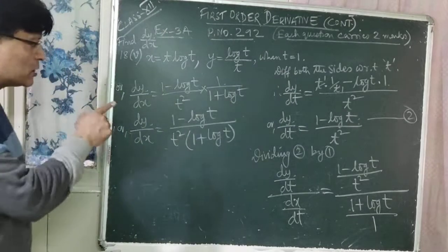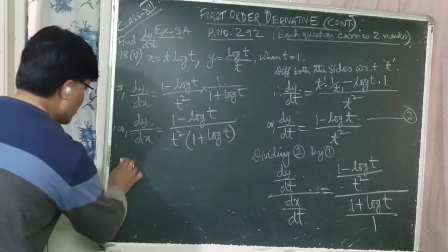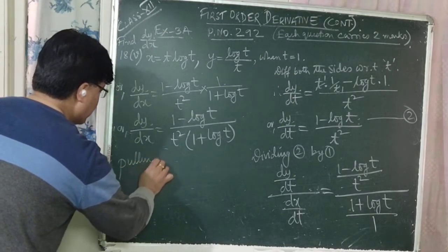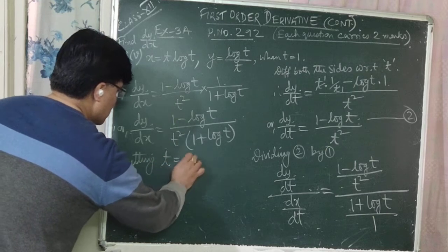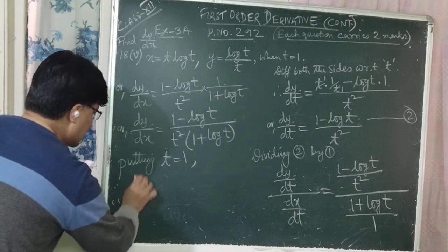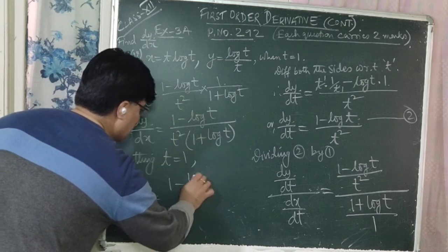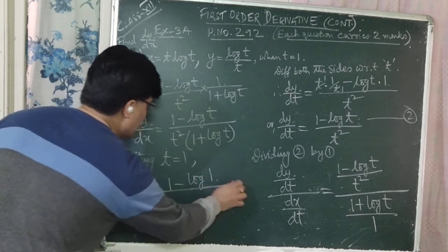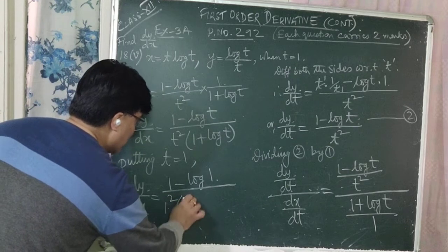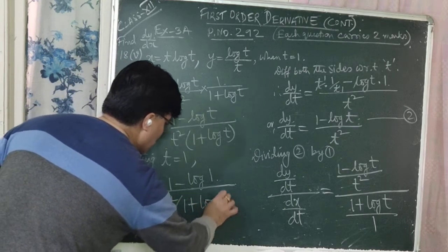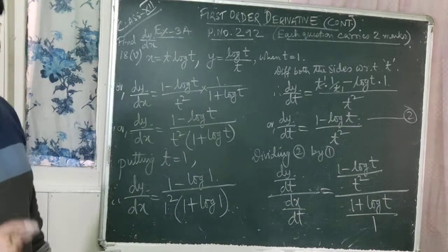Now you have to put t is equal to 1 here. So putting t is equal to 1, what do we get? dy by dx is equal to 1 minus log 1, divided by 1 square, within bracket 1 plus log 1. So you should know the value for log 1.